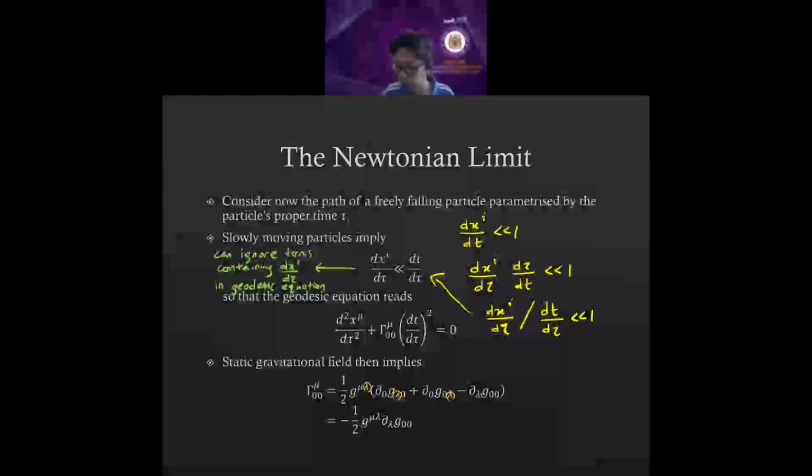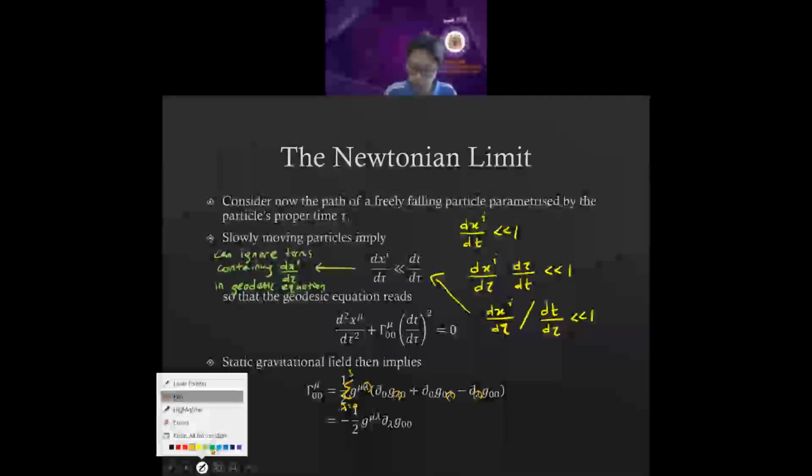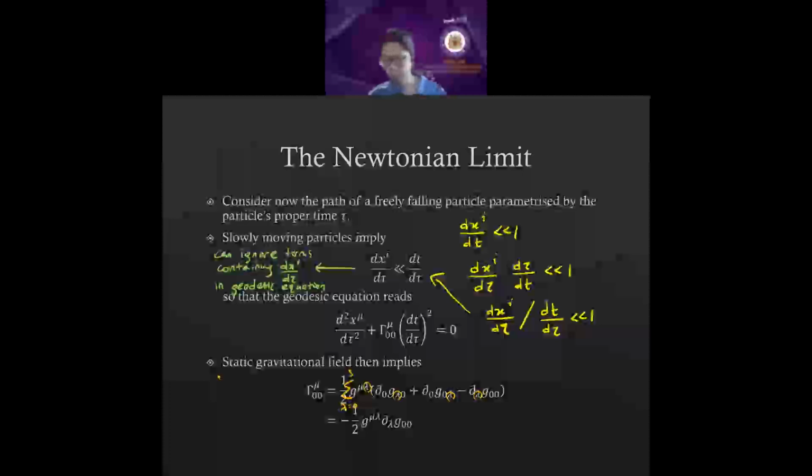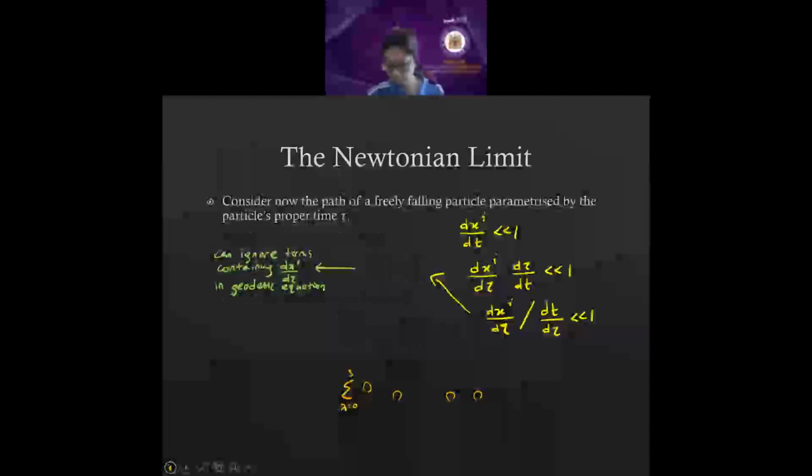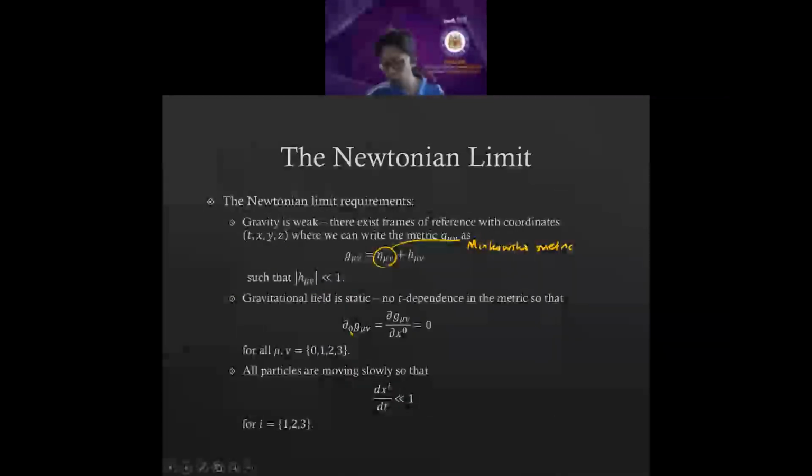I should really have a summation of lambda from 0 to 3. Now, from the condition that the gravitational field is static just now, the derivative with respect to time is 0.